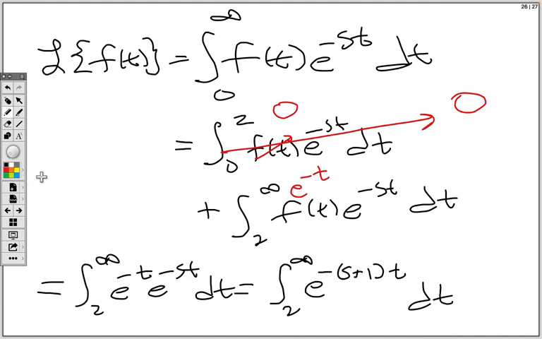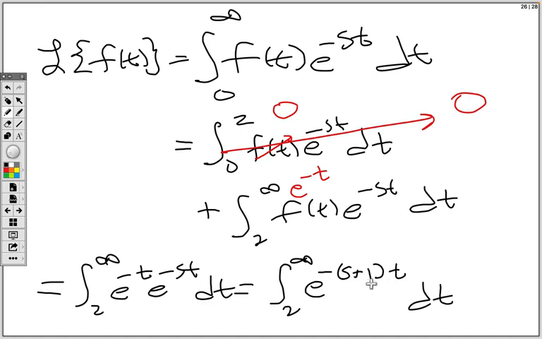And now we'll just do an evaluation of the improper integral. So once again, you're integrating this with respect to t. This whole thing here is a constant.